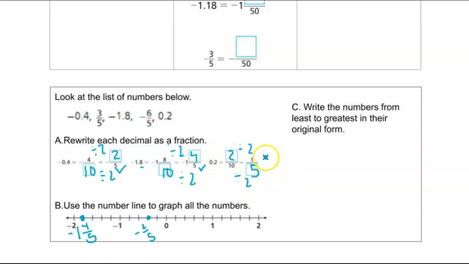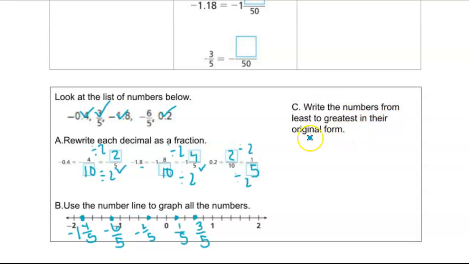And then this one is just 1/5, which is right there. Then I need to look up here. So I've done this one, and this one. I still need to do 3/5 and negative 6/5. 1, 2, 3, 4, 5, 6.